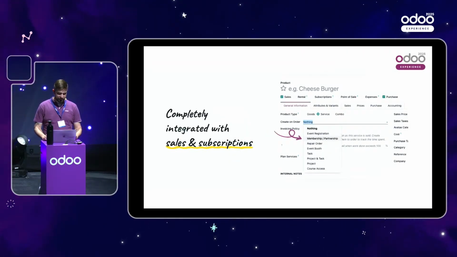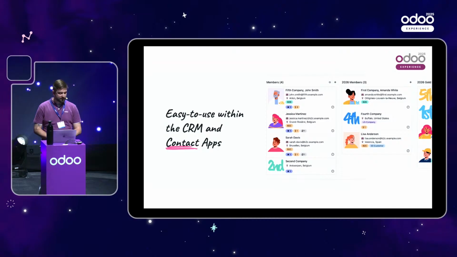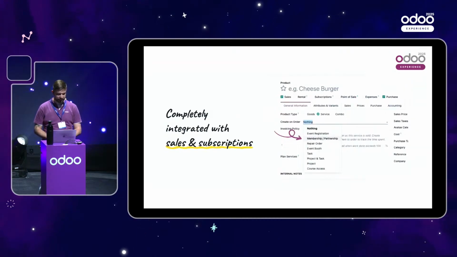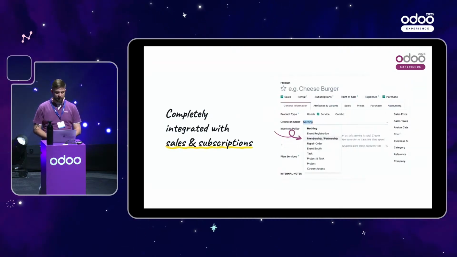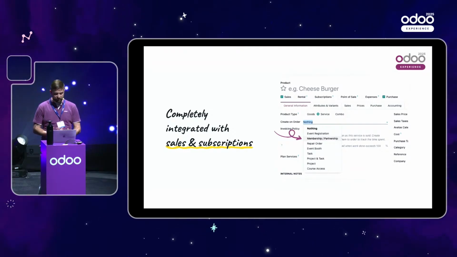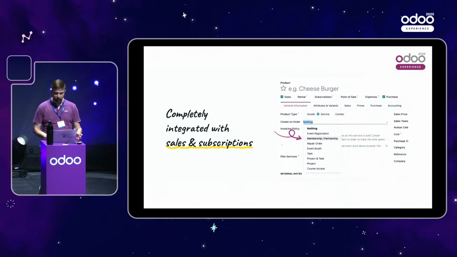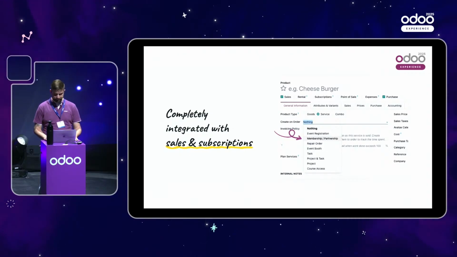This module is way better than the previous members app because it's completely integrated with sales and subscription, meaning that you can now easily sell your membership with recurring invoices and benefit from all the features of these two apps.